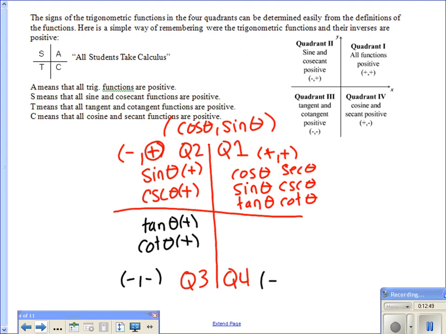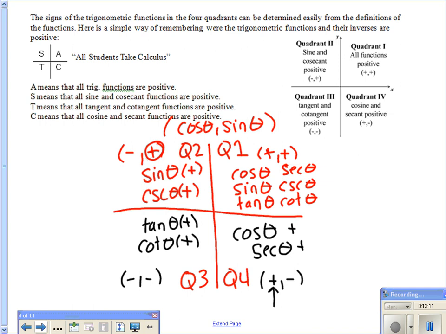And in the last quadrant, we have plus and minus. Your x coordinate is positive, so cosine theta is going to be a positive trig ratio, and its reciprocal, secant. So these would be positive. All the other trig functions would be negative in that quadrant, and the same thing goes for each of the other ones.